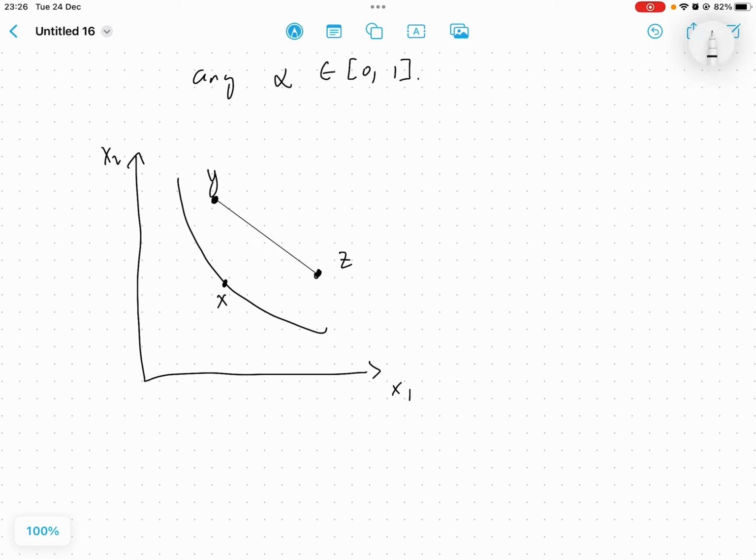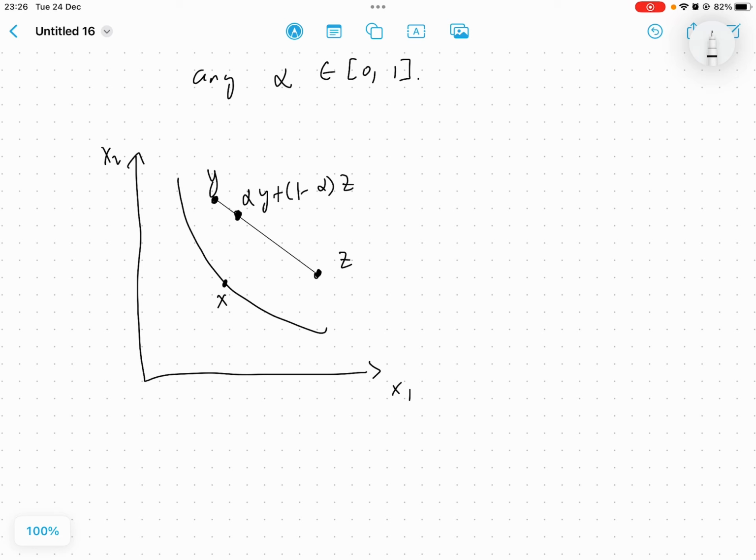Let's suppose this alpha is such that we have this convex combination at some point, let's say here. So this will be y and z, and this will be alpha y plus 1 minus alpha z.